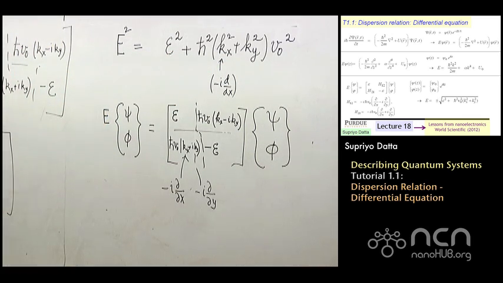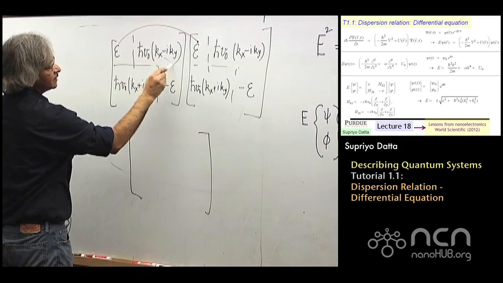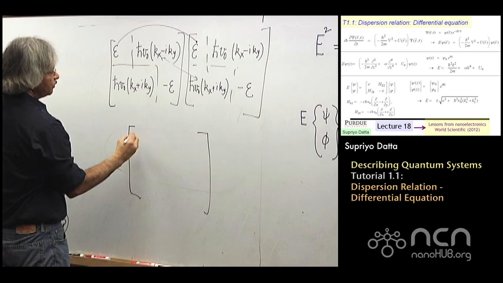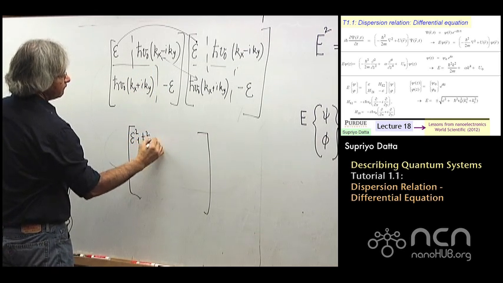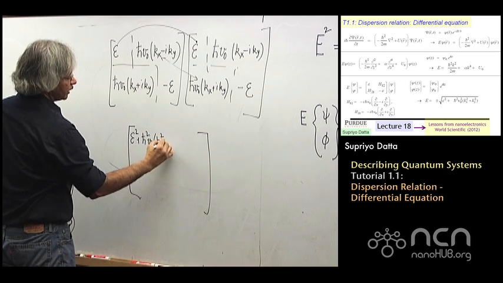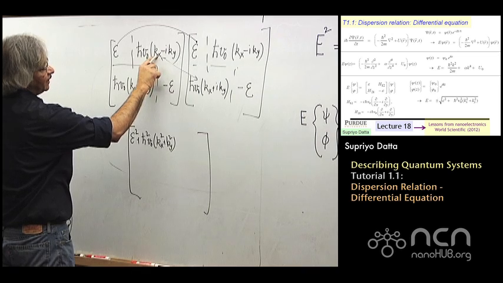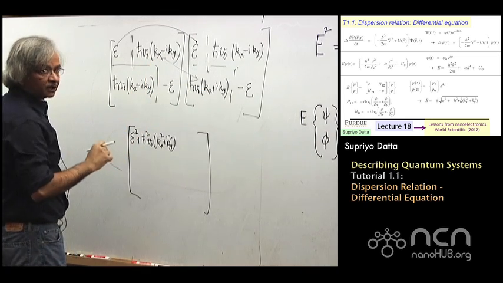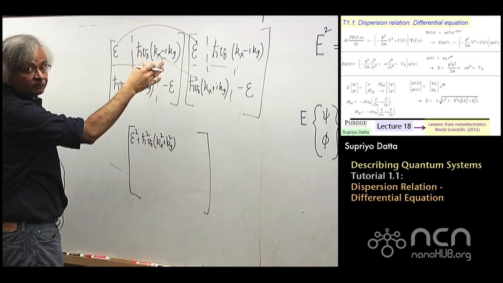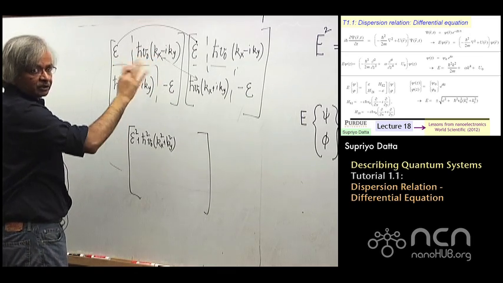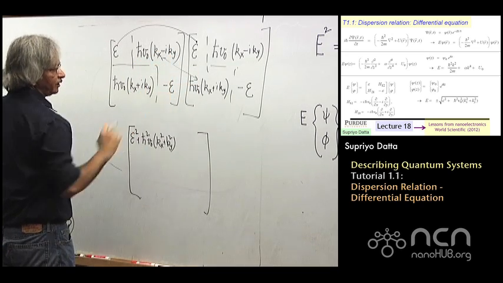So if you just multiply these two, you'll get epsilon squared plus this times this, which will give you epsilon squared plus h bar squared v0 squared (kx squared plus ky squared). The cross terms like kx ky will cancel out because these are the derivative with respect to x and the derivative with respect to y, which commute, in the sense they can be taken in any order. So kx ky is the same as ky kx.